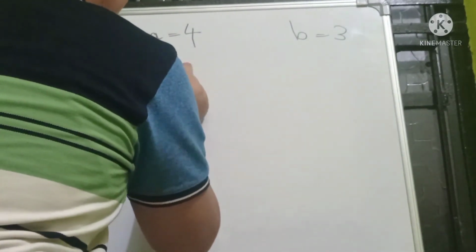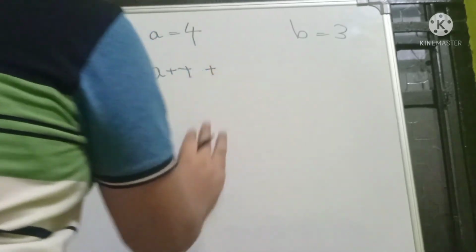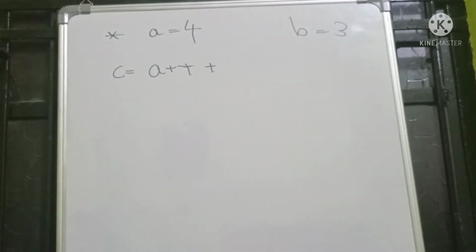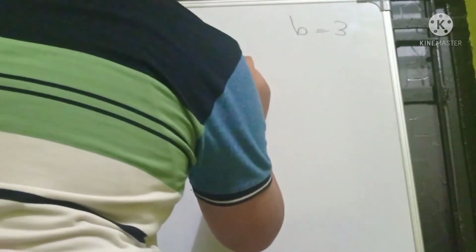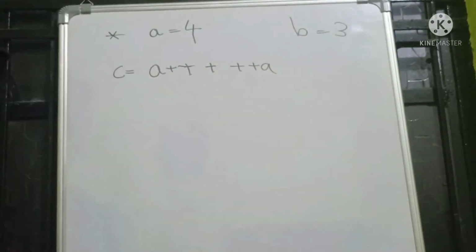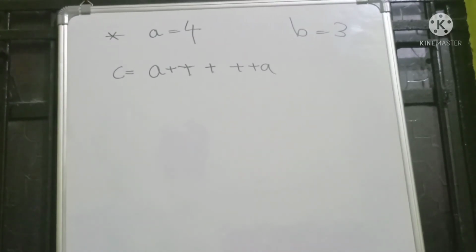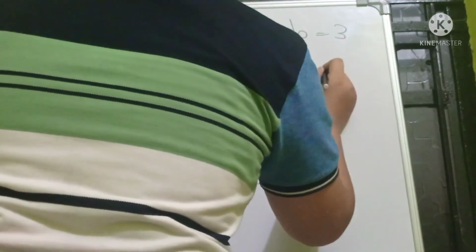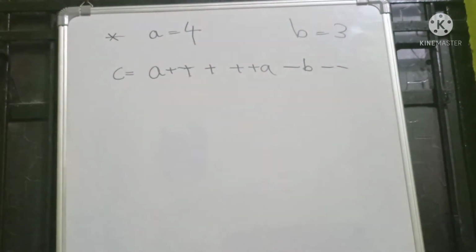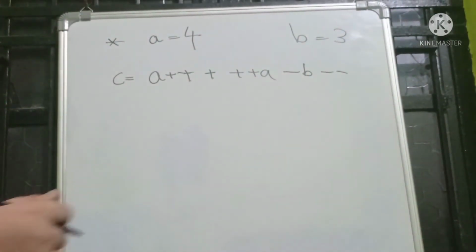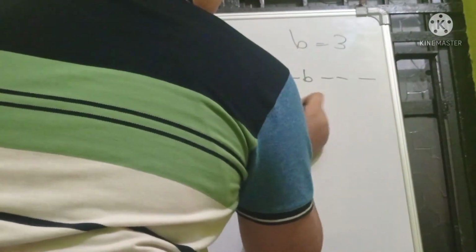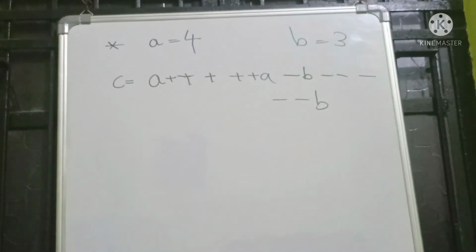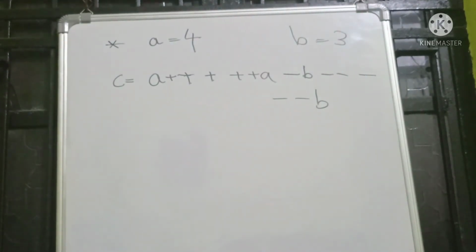So I have written A plus plus plus, plus plus A plus plus plus plus plus A minus B minus minus minus B minus minus minus minus minus B. So this is your question and I am giving you just 10 seconds to solve this.